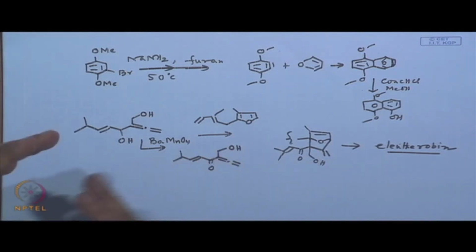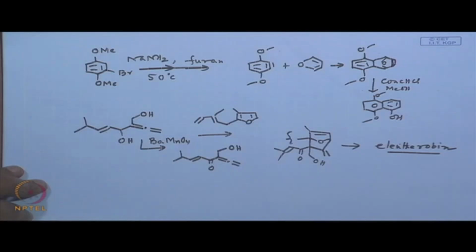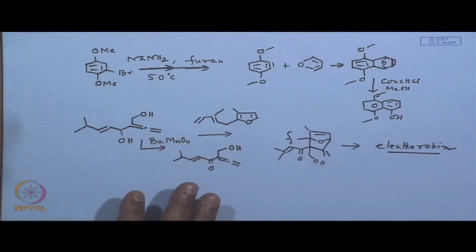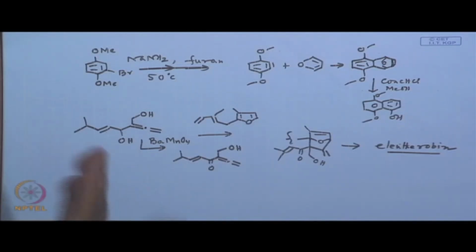What else? How do you extend this sort of reaction? We have seen the reaction where the furan is less active compared to the other dienes. Okay, but if you have an activated dienophile, that can be done.